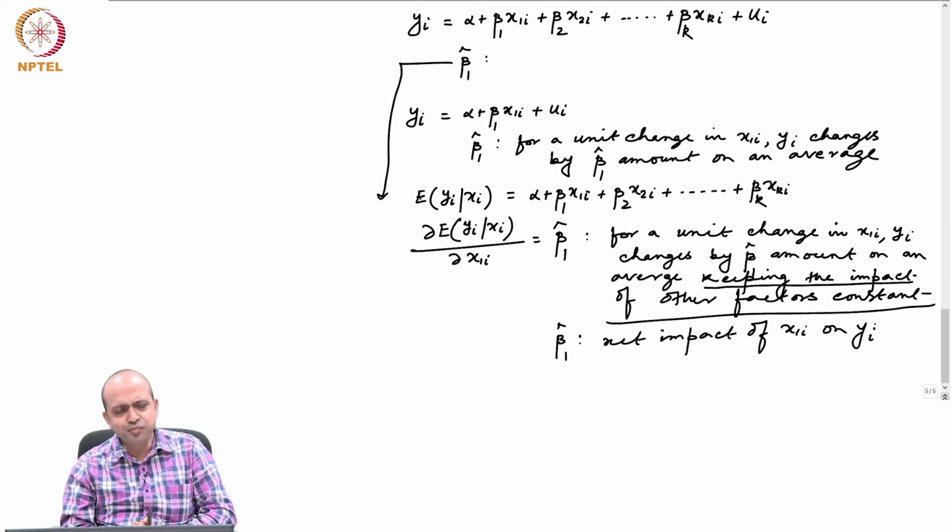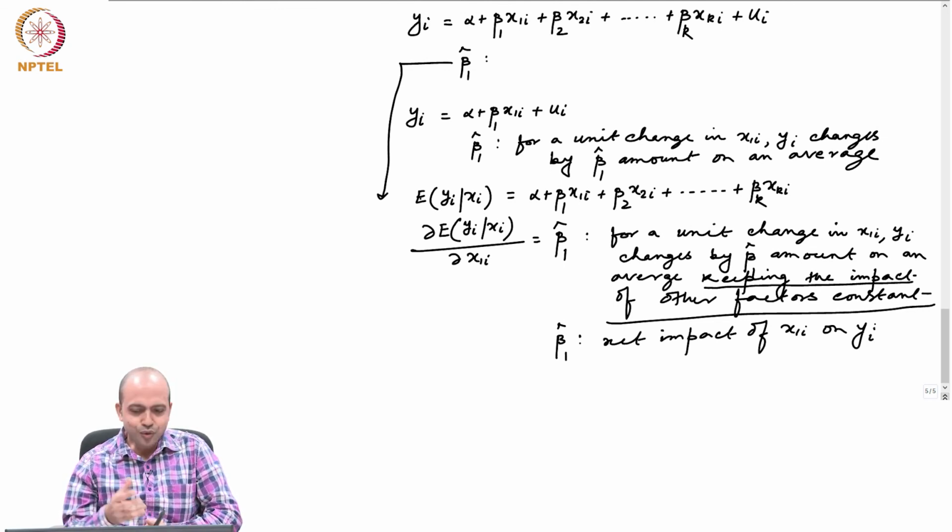Now, the question that comes to our mind is very challenging. In the context of multiple linear regression model, now we are facing a challenging question. What is that question? When I am giving you data, let us say on x1i, x2i, x3i and your yi, and I am asking you to estimate your beta 1 hat, to tell me what is the net impact of x1i on yi, how do you keep the impact of other factors constant empirically?